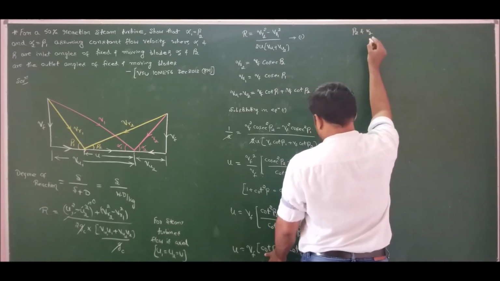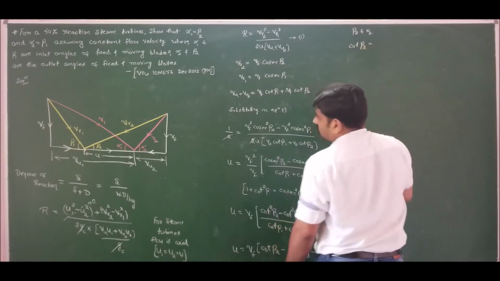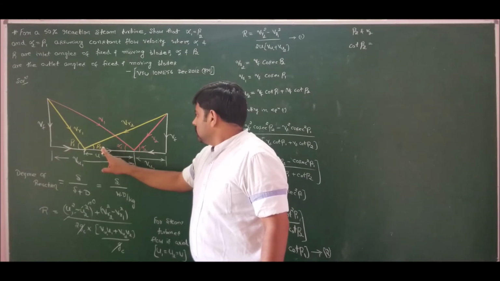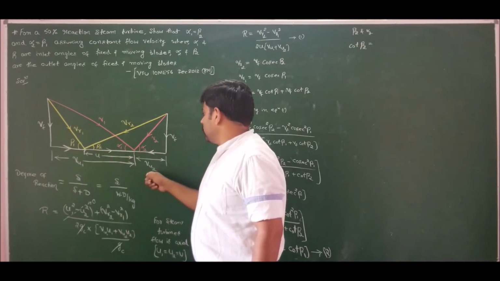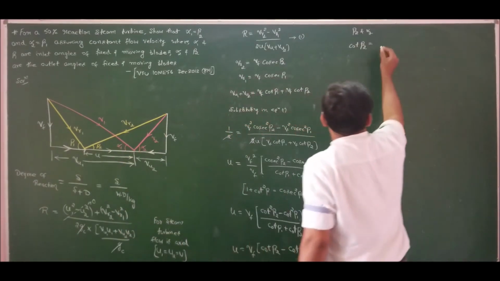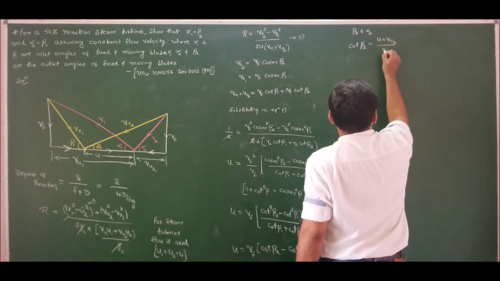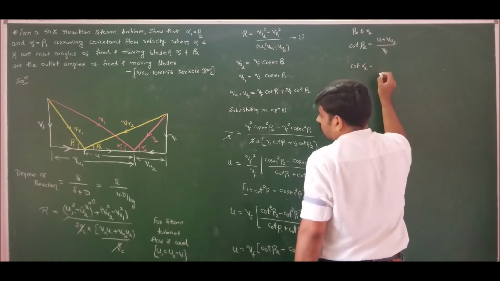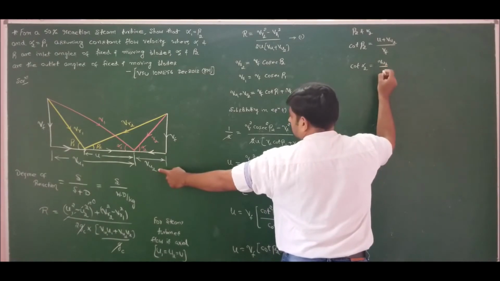Cot theta is adjacent by opposite, so cot beta 2 will be u plus Vu2 by opposite, which is Vf. Similarly, cot alpha 2 will become adjacent Vu2, opposite Vf.